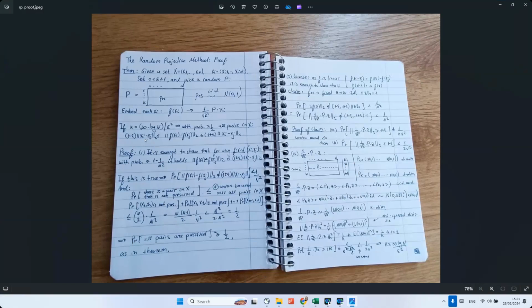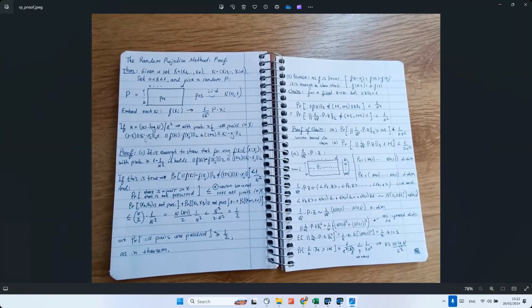So either the first pair is not good, or the second one, or the third one, or the last one. If I look at these events together, they all cover the original event: there is some pair in X which is not good. And by the union bound, as we have seen in some previous sessions by Eitan, the probability is bounded by the sum of probabilities of smaller events.